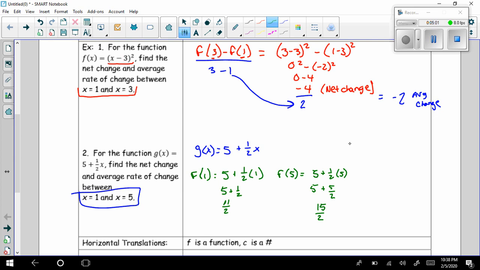And so again, we can find our net change by taking the difference between those. So 15 over 2 minus 11 over 2 gives us 4 over 2, which is 2. And this is our net change. Average change.